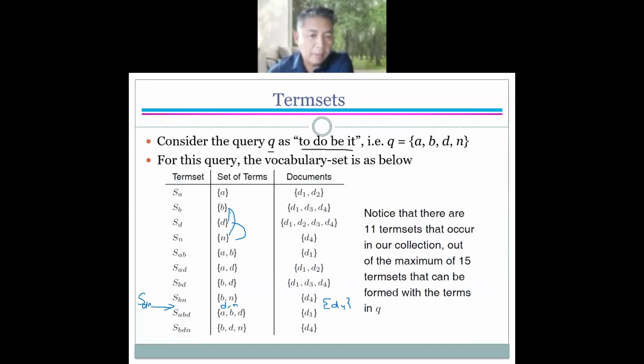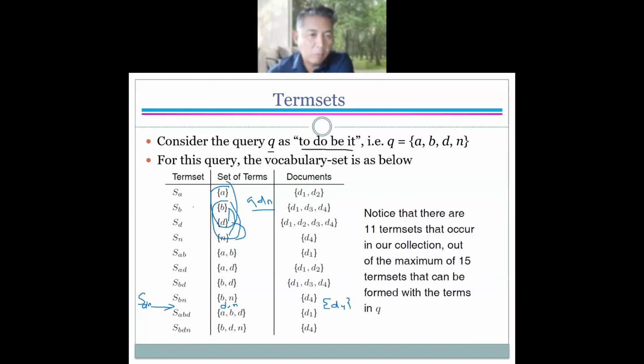So now we have a combination of 3. So first we do ABD and also BDN. Okay, we could have ADN also, but ADN we do not have that one in the list.